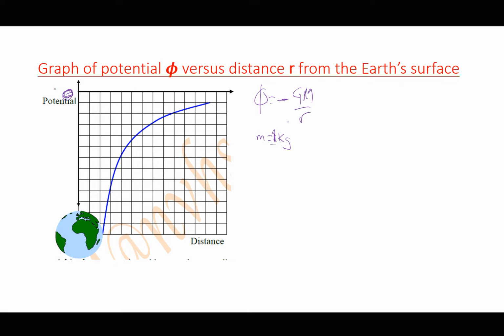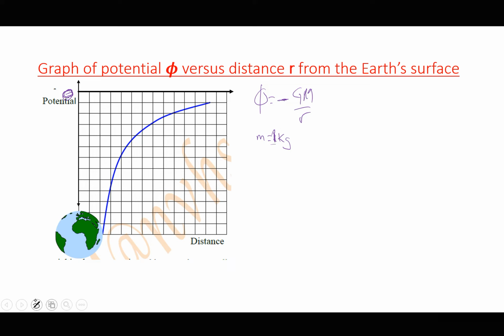Reason: the potential at infinity is defined to be 0. The force between two masses is always attractive. So in moving a mass from infinity closer to the Earth's surface, the mass is doing work. Energy is removed from the mass. Its potential energy decreases, so it becomes less than 0, which will be negative.